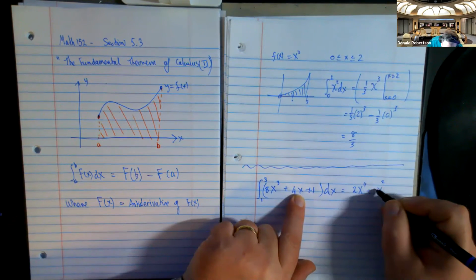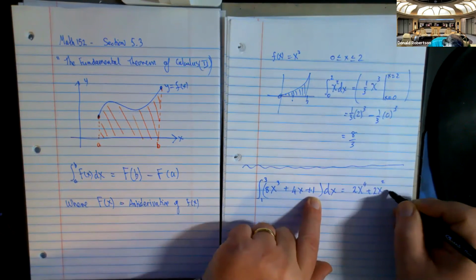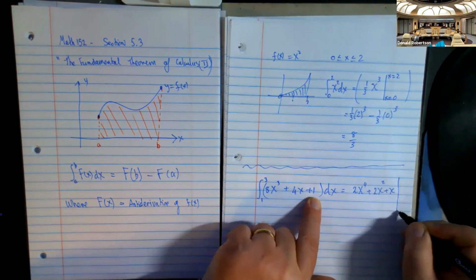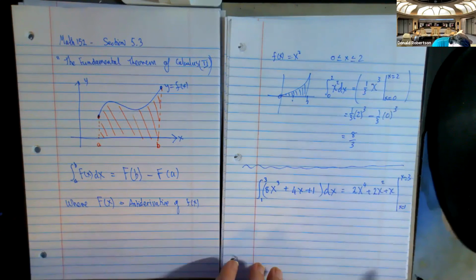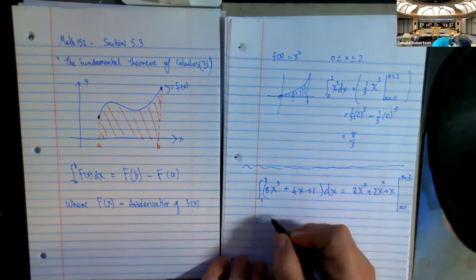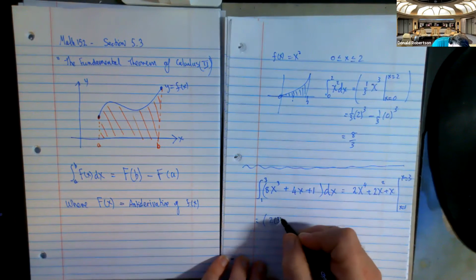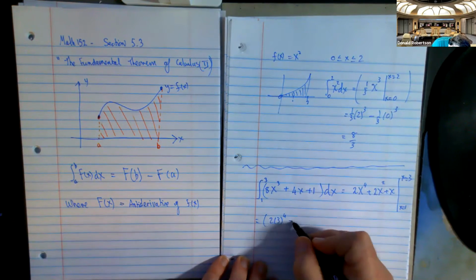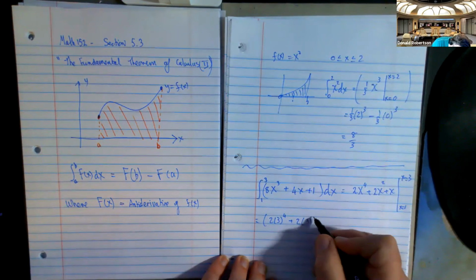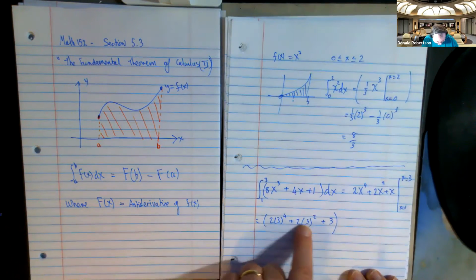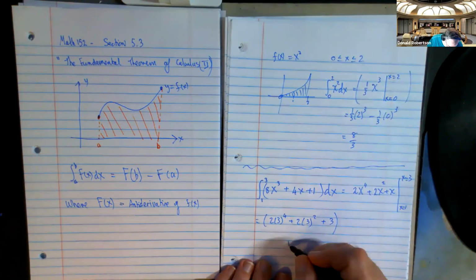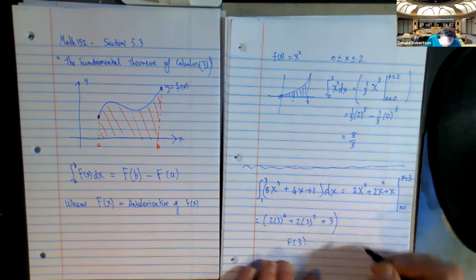Add 1 to the power, divide by the new power, and the number 1 gets you x, and you evaluate it at 1 to 3. If you plug in 3, you get 2 lots of 3 to the power of 4, add 2 lots of 3 squared, add a 3. So that's basically the antiderivative at 3.